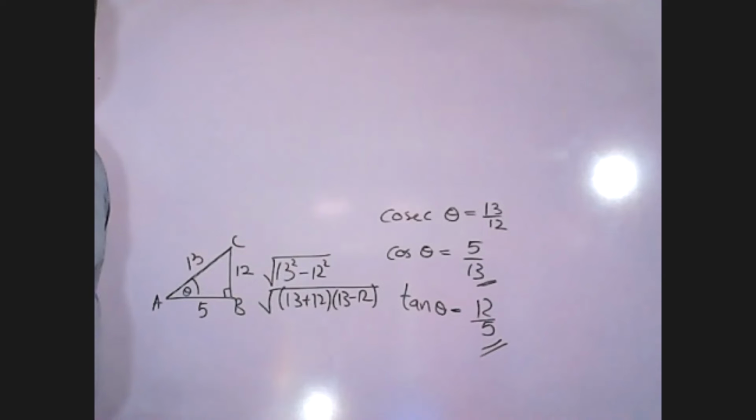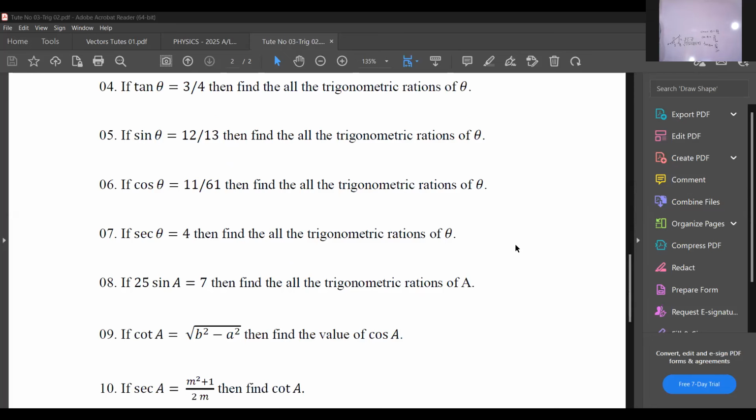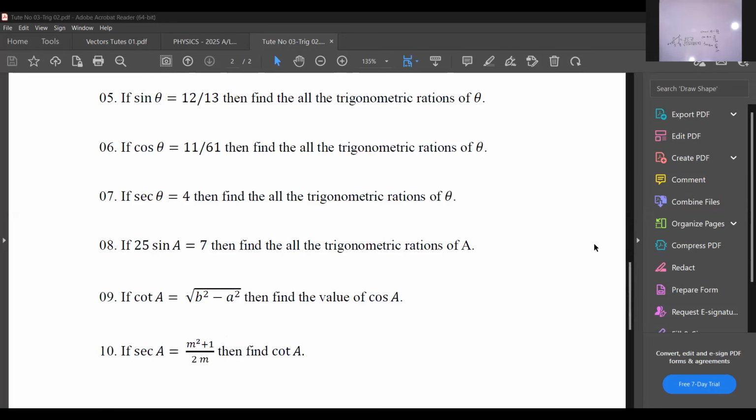Okay. You can do the same thing up to question number 8.